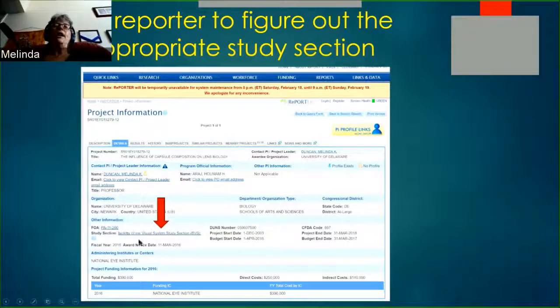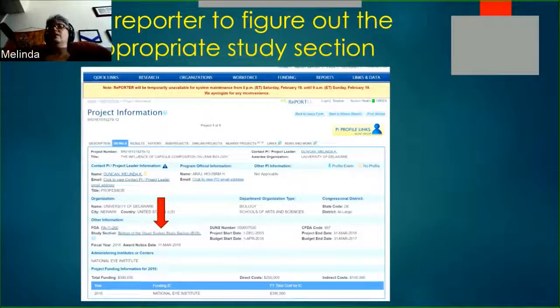Now that might seem obvious, but there are actually 3 vision-related study sections, and one is Diseases of the Visual System. Even though posterior capsular opacification is a disease of the visual system, my grants are never reviewed by that study section. They're reviewed by Biology of the Visual System, and that's simply because the title doesn't tell the whole story.